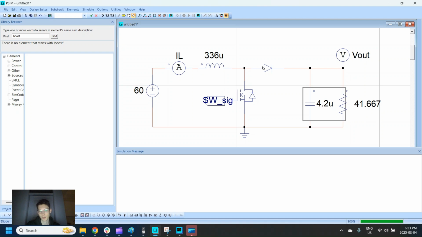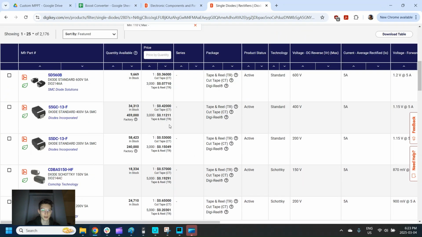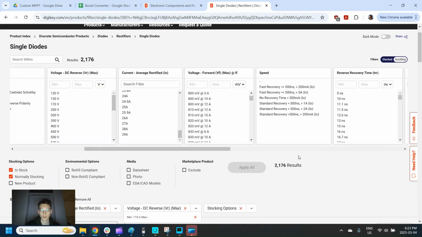And again, for the forward current, I just picked 10 amps because I like to overrate these diodes. And I tend to find that you have a lot of spiky currents on it, so you don't want to underrate them. So you could probably go less than this, but anyways, for now, this is fine. Look at some of these here.